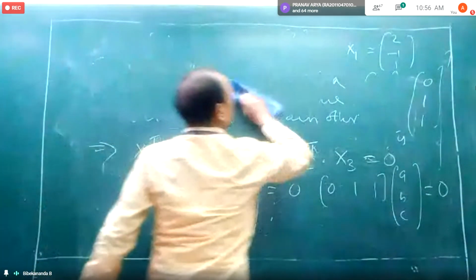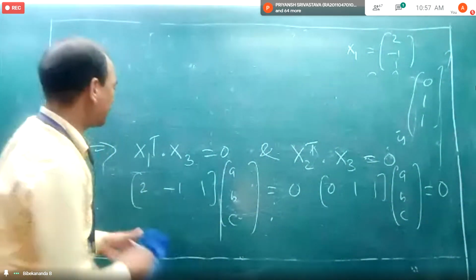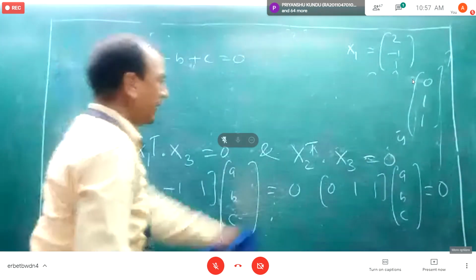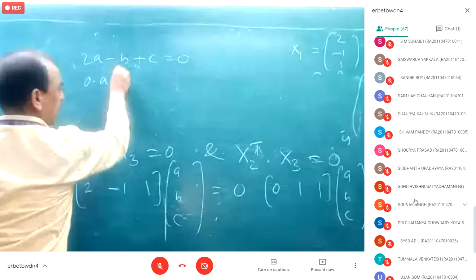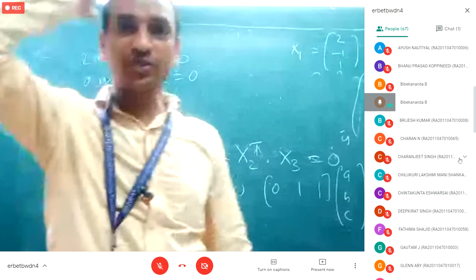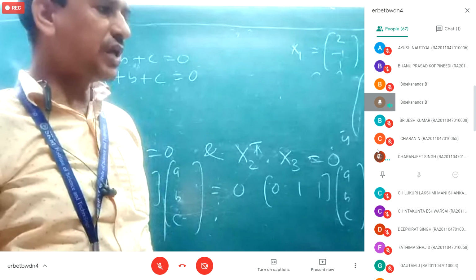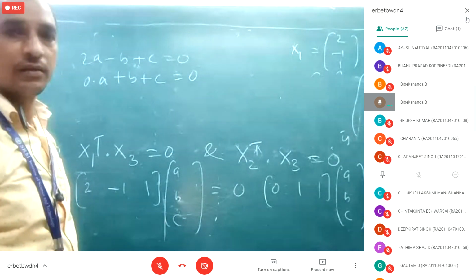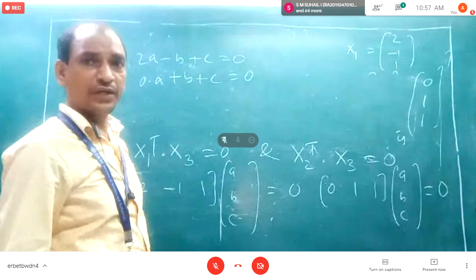Now you simplify it. 2a minus b plus c equal to 0, and b plus c equal to 0. So how many equations, how many unknowns are there? 2 equations and 3 unknowns.